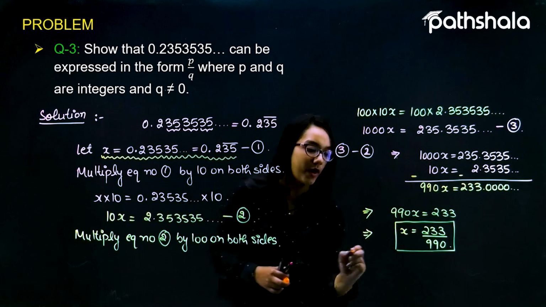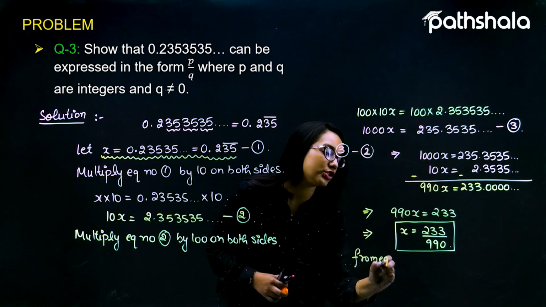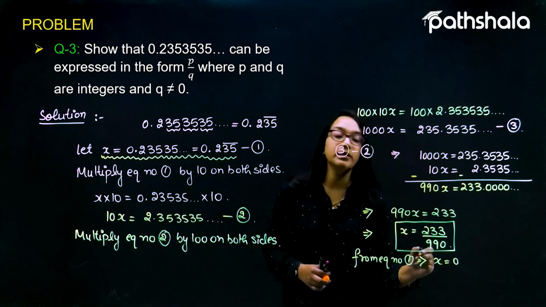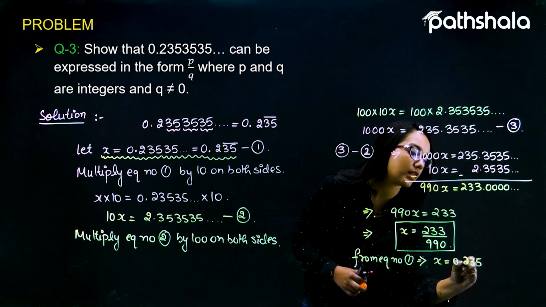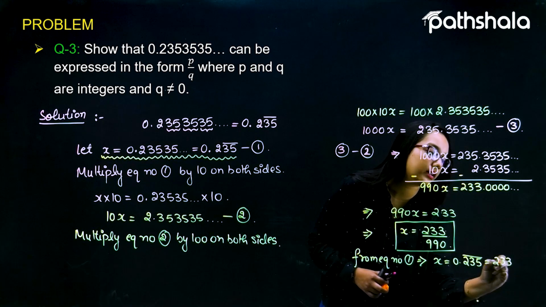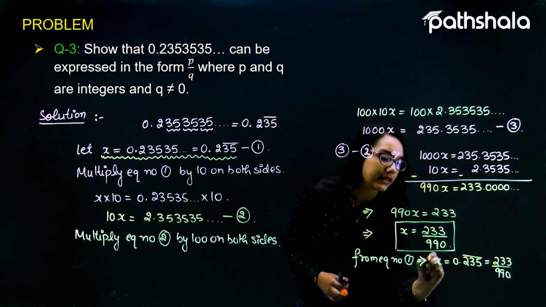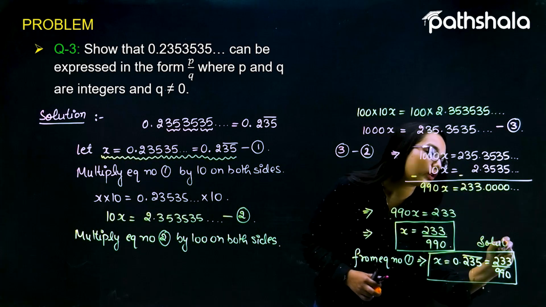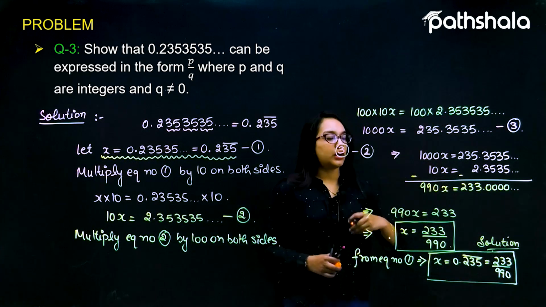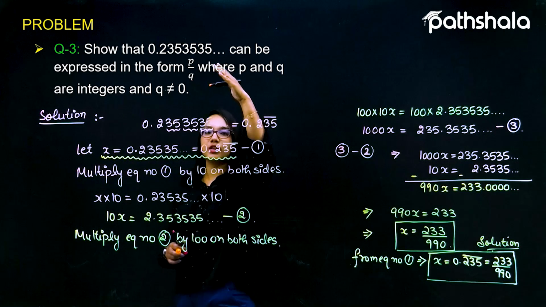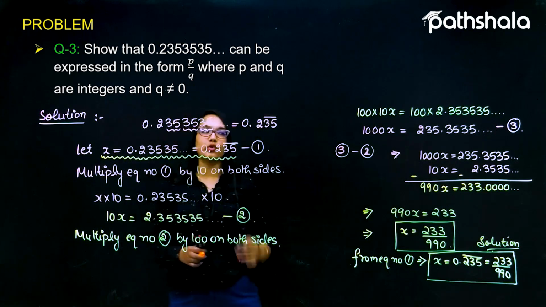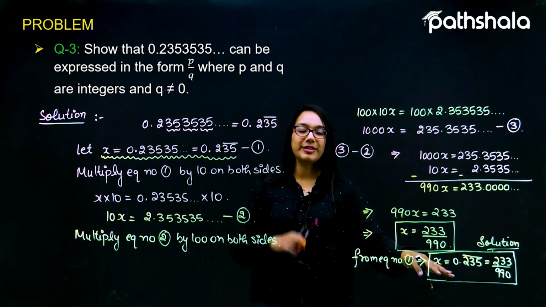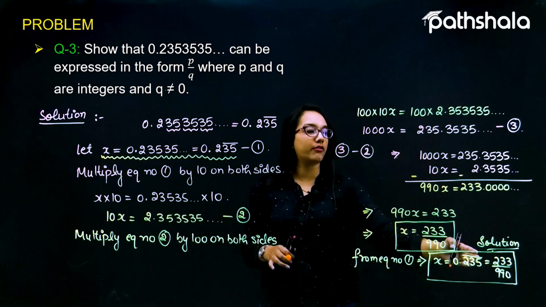So x is equal to 0.235 bar, which is equal to 233 divided by 990, which is our desired result, because we just wanted to find the p by q representation of the number 0.2353535 and so on.